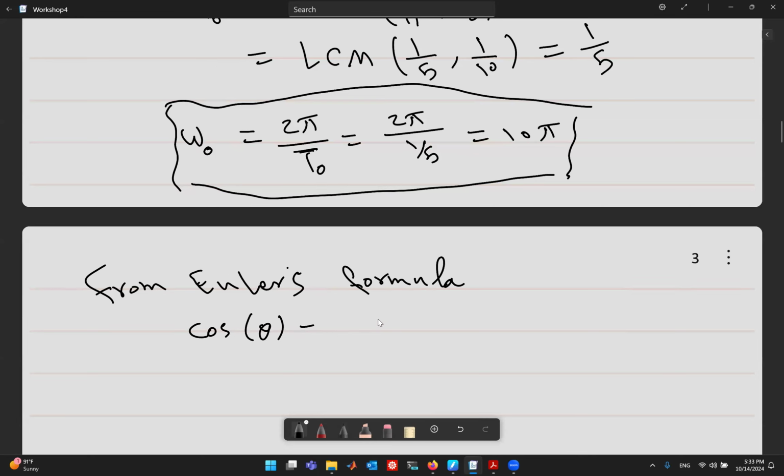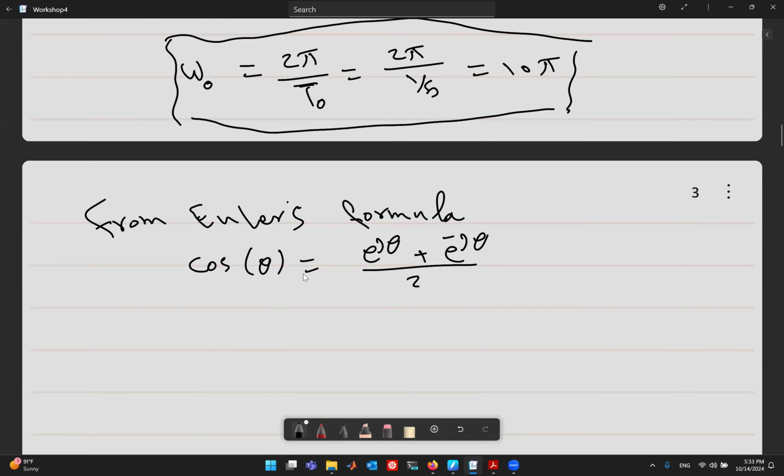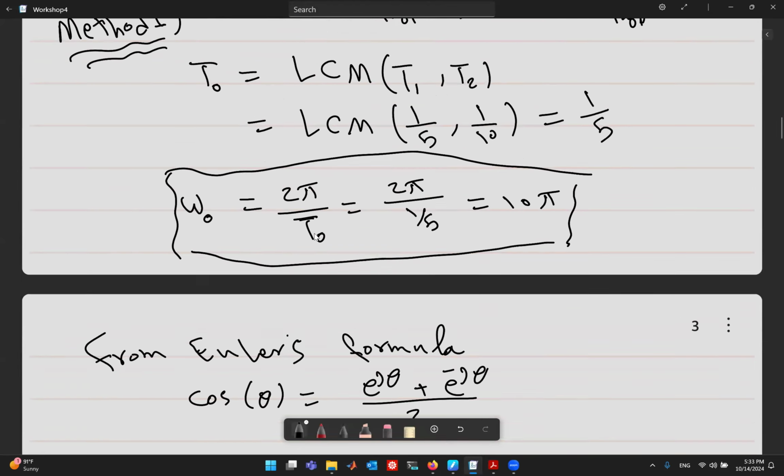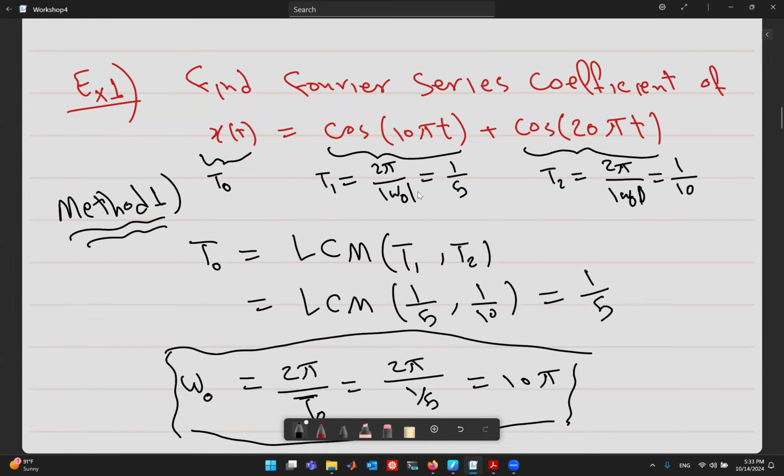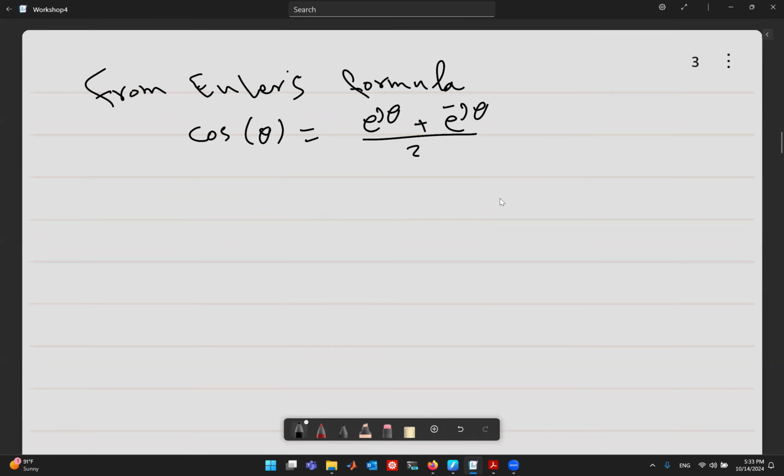Cosine theta is exponential j theta plus exponential minus j theta, divided by 2. So I write now the two cosines in x(t) using this formula.